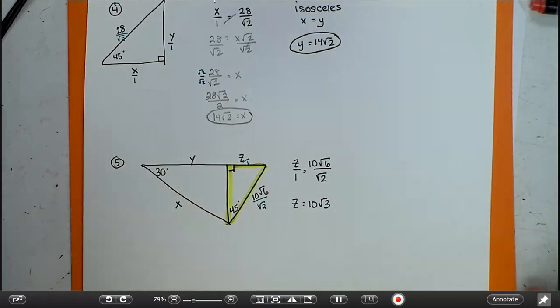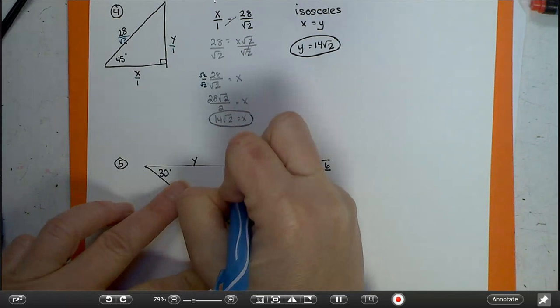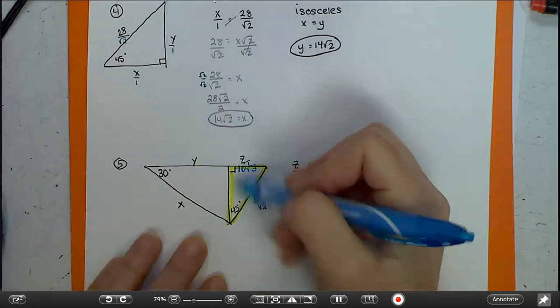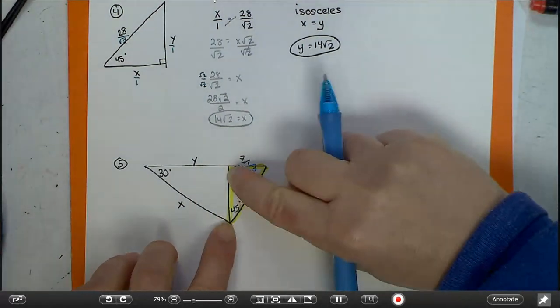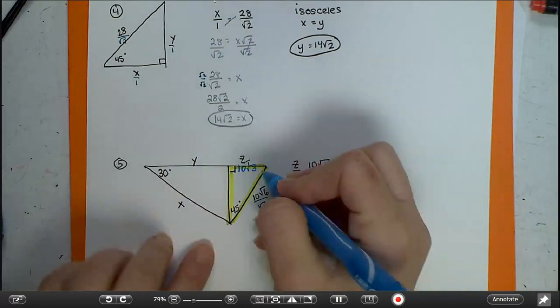All right. So instead of writing Z in the picture, I could have 10 root 3 there. And just because I know this part is a side of both triangles and would give me enough information to move forward with this triangle, I know this is a 45, 45, 90.